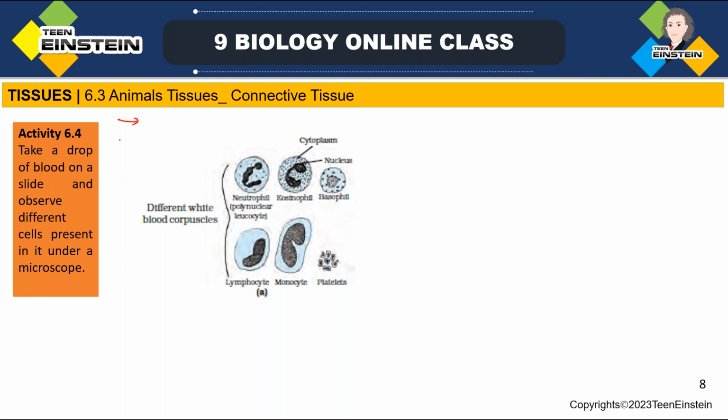You should clean the glass slide very neatly, then put just one drop of blood on it, then observe it under the microscope. You can observe different types of blood cells present in it.